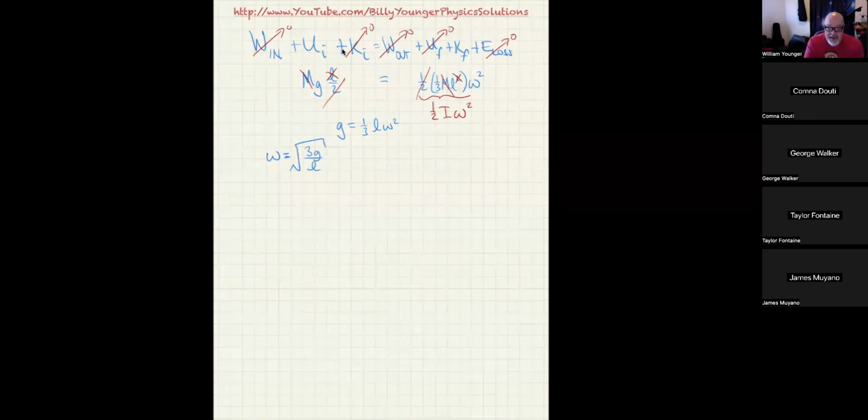Now, that's the angular velocity with which this thing will be moving when it gets vertical. So what I mean by that is here's our little hinge.